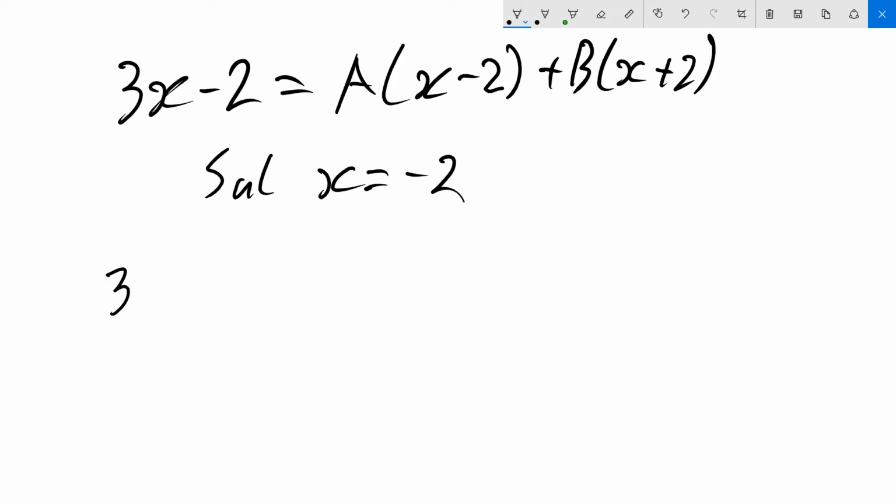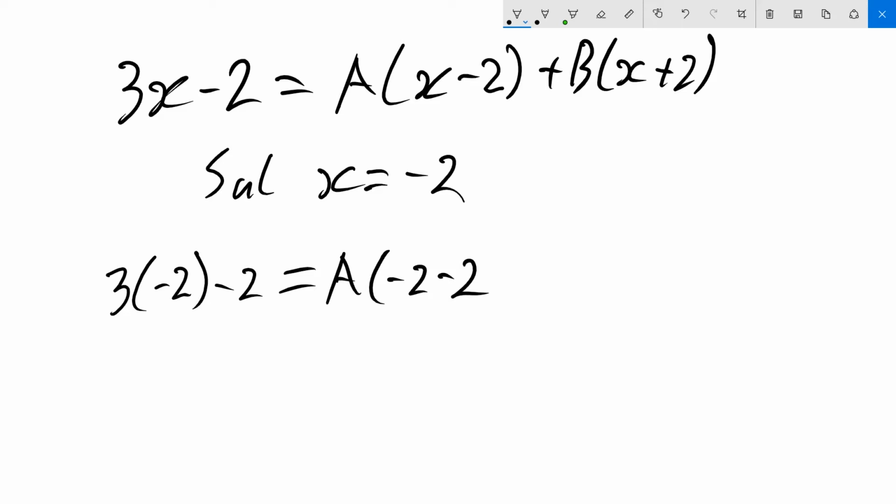So we now have 3 lots of negative 2 minus 2, which is equal to a lots of minus 2 minus 2. Then b gets cancelled out, so we get negative 4a equals negative 6, negative 8. And divide both sides by negative 4, we get a is equal to 2.